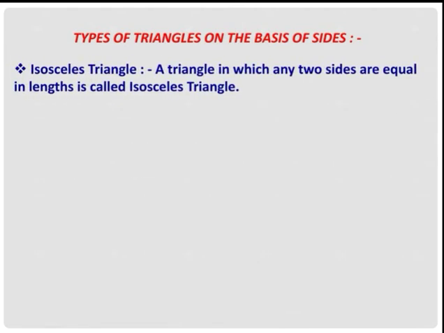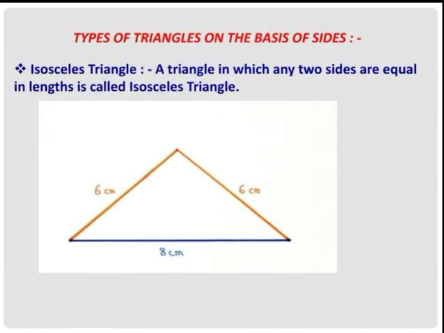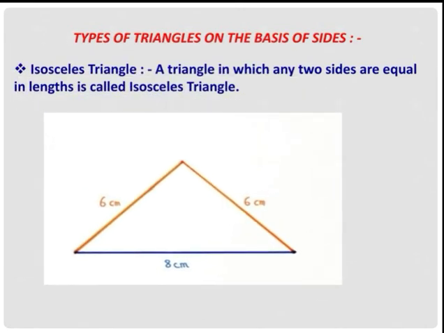Now isosceles triangle. What is isosceles triangle? A triangle in which any two sides are equal in length is called isosceles triangle. Let us understand with example. Here isosceles triangle is given. We can observe that in this triangle, two sides are equal in length, it's 6 centimeter.